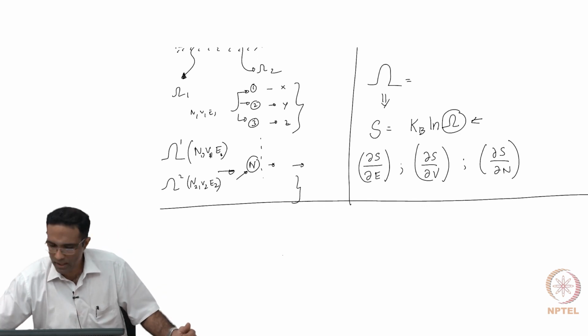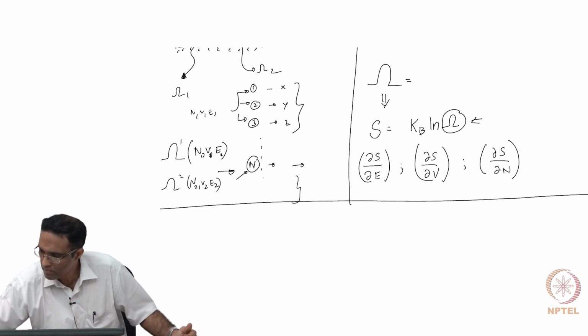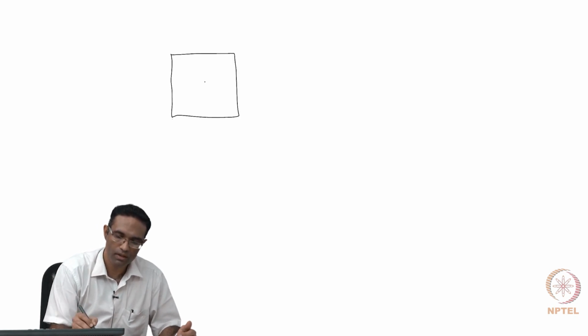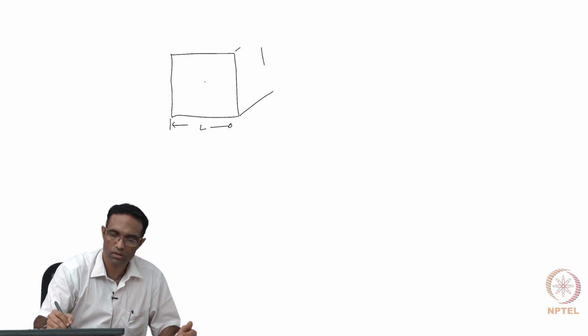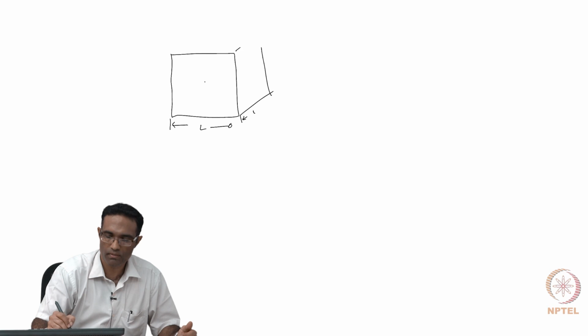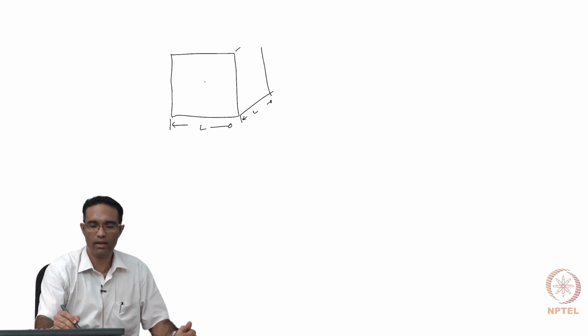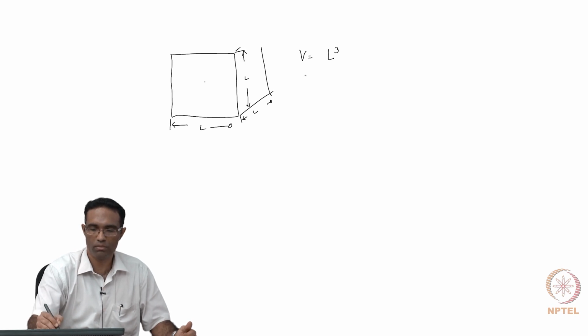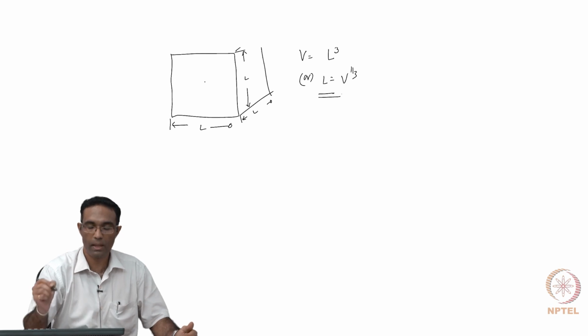So what we did was, we took the quantum mechanics perspective and considered one particle first that's inside a three-dimensional box of length L by L by L. It has a volume V, which is equal to L cubed, or L is equal to V to the power 1 by 3, right?